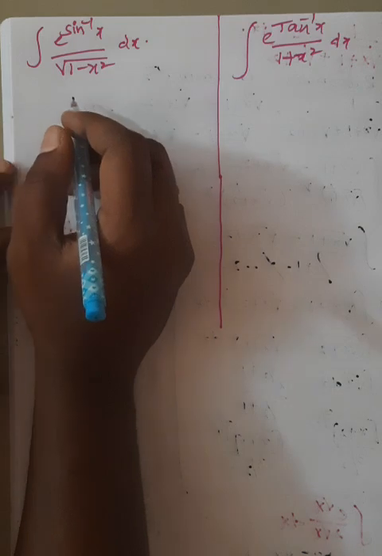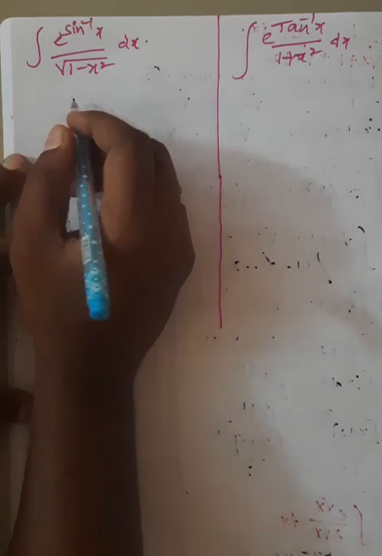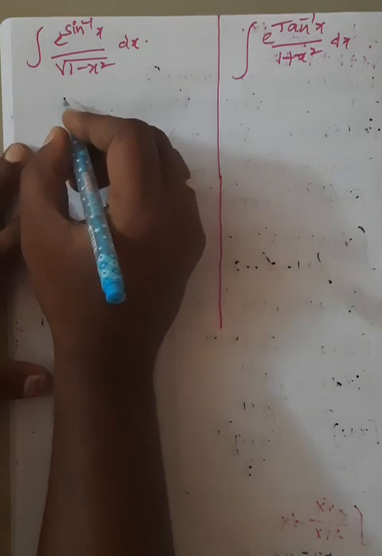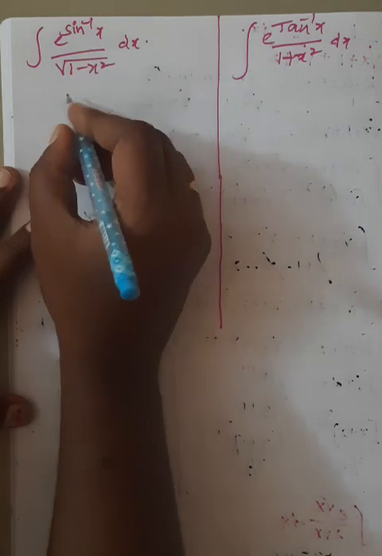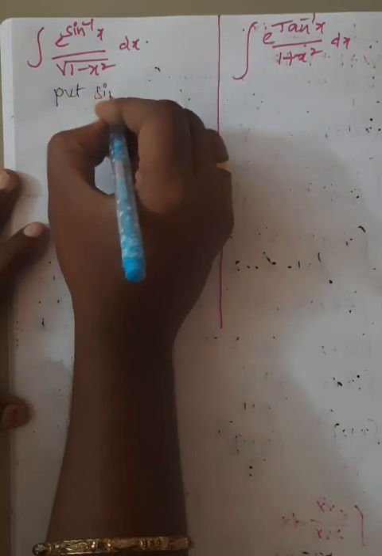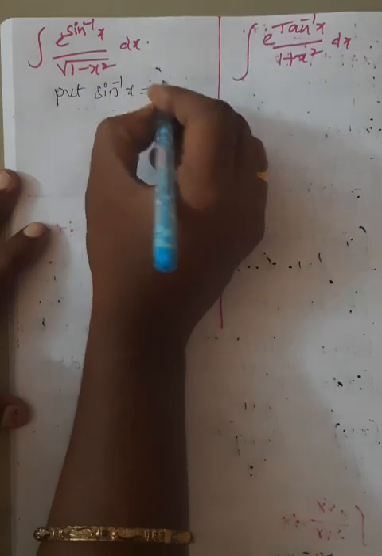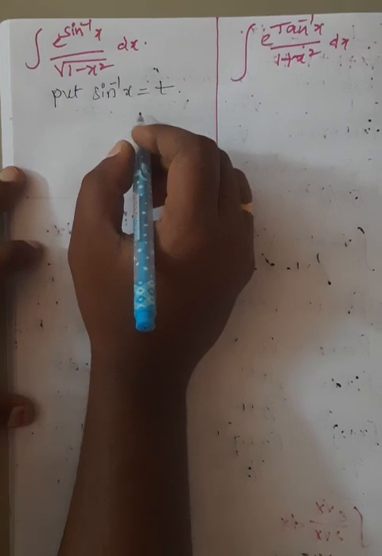Now the next question is integration of e to the power sin inverse x by root of 1 minus x square into dx. In this question we have to consider sin inverse x as t. So put sin inverse x equal to t. After taking sin inverse x equal to t, we have to differentiate both sides.